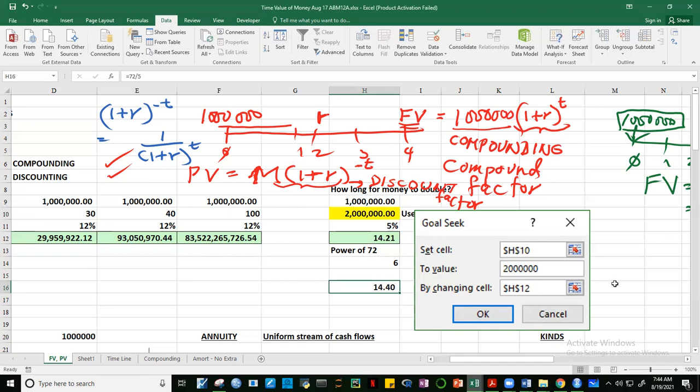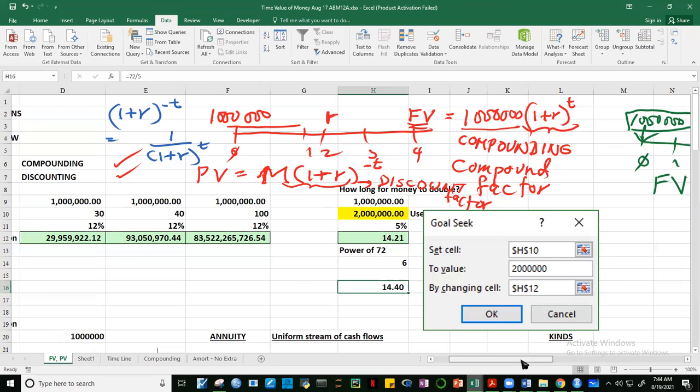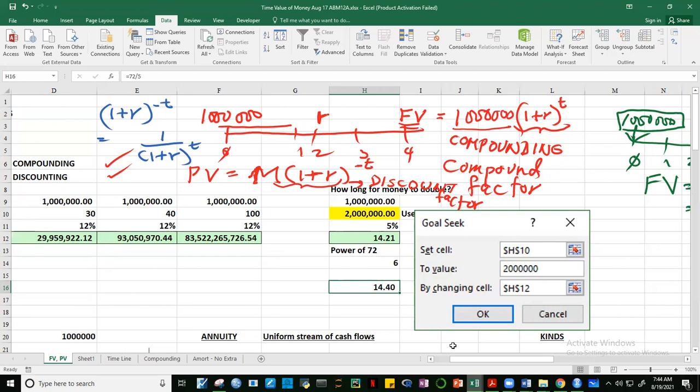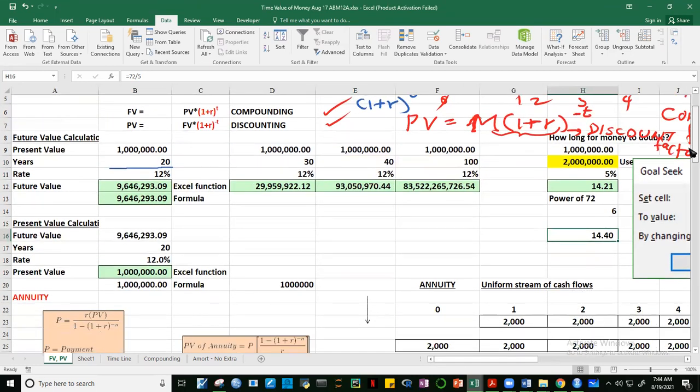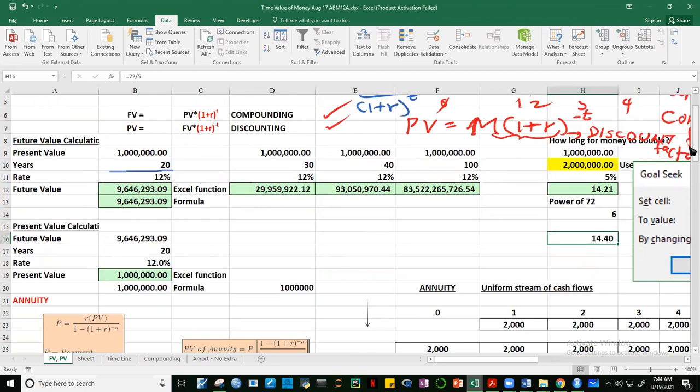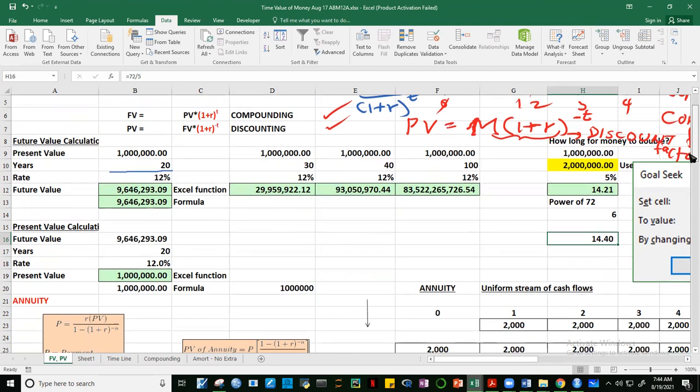To give an illustration of the power of 72: if you want a quick approximate way to know the number of years, we can use 72 divided by the interest rate. We remove the percent.